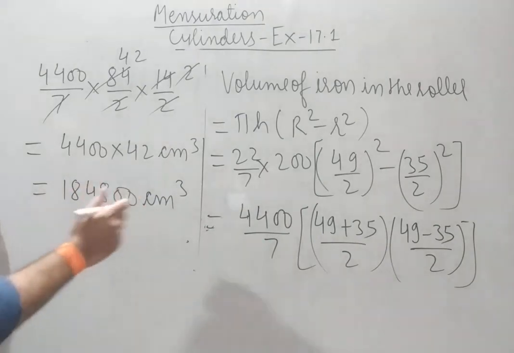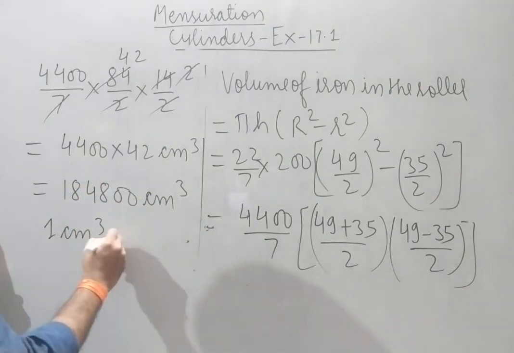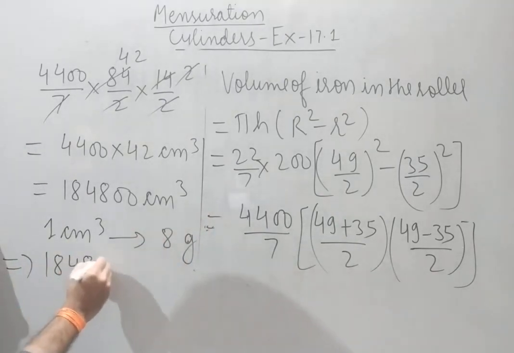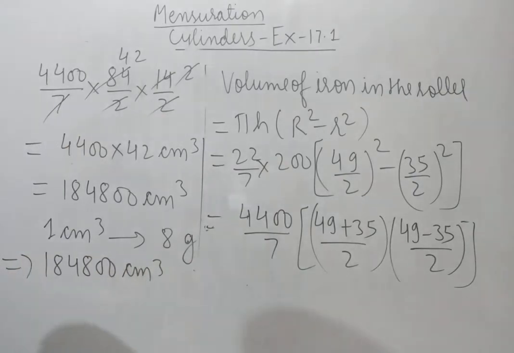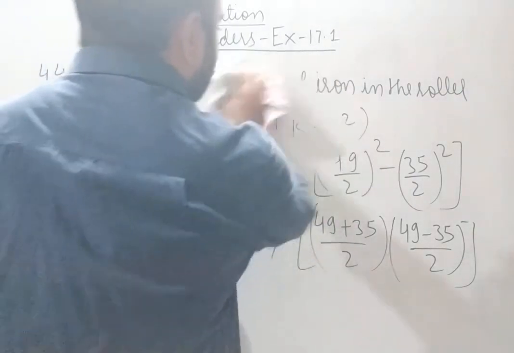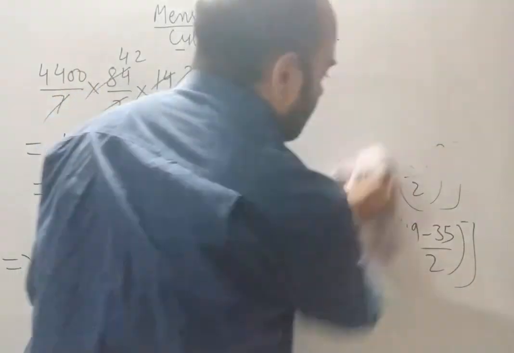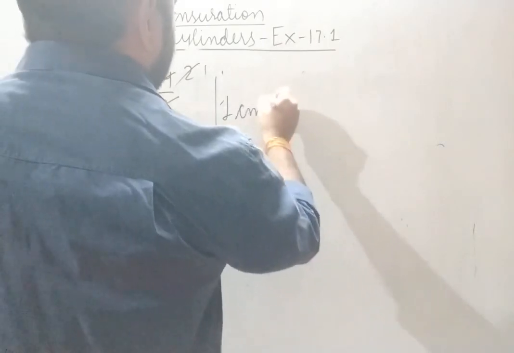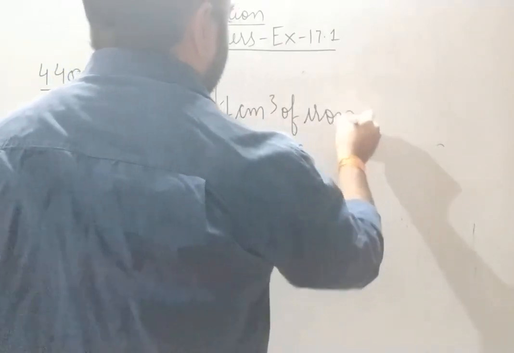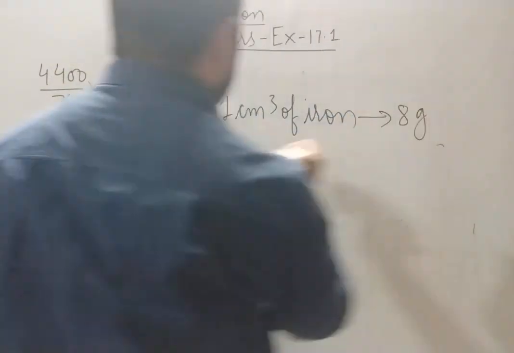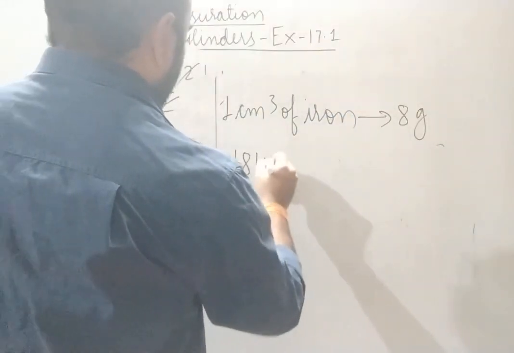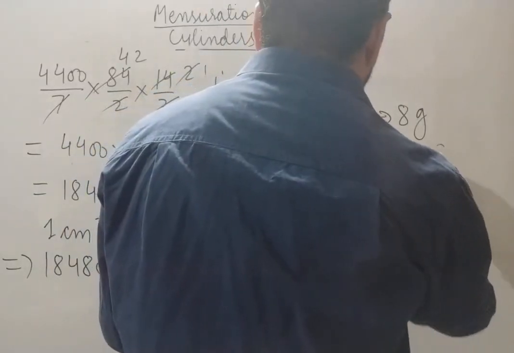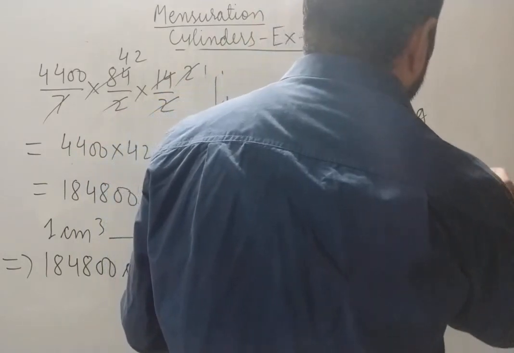Correct? So 1 centimeter cube iron is 8 gram. Therefore 184,800 centimeter cube of iron multiplied by 8 will give the answer in gram. See here, 1 centimeter cube of iron weighs 8 gram. So 184,800 centimeter cube will be 8 into 184,800 gram.